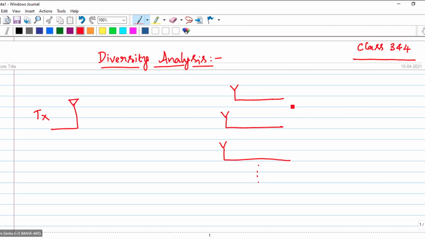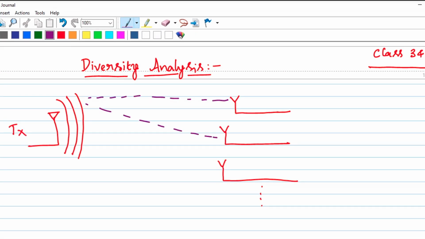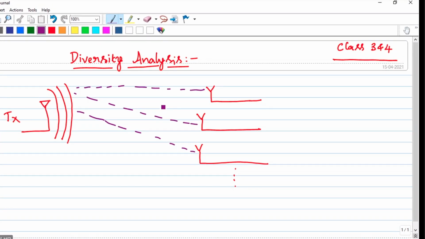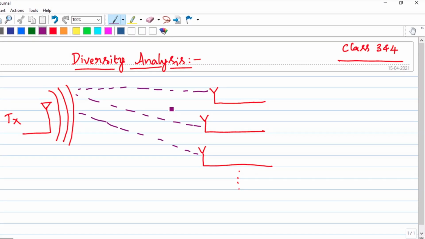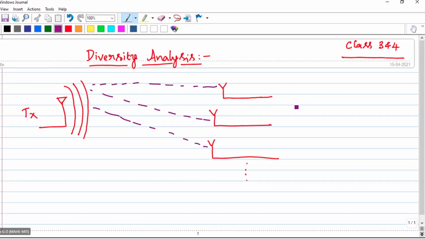The same piece of information is conveyed from the transmitting antenna and received at the receiver. That is what we have understood. Here, this is available here, this is available here also.